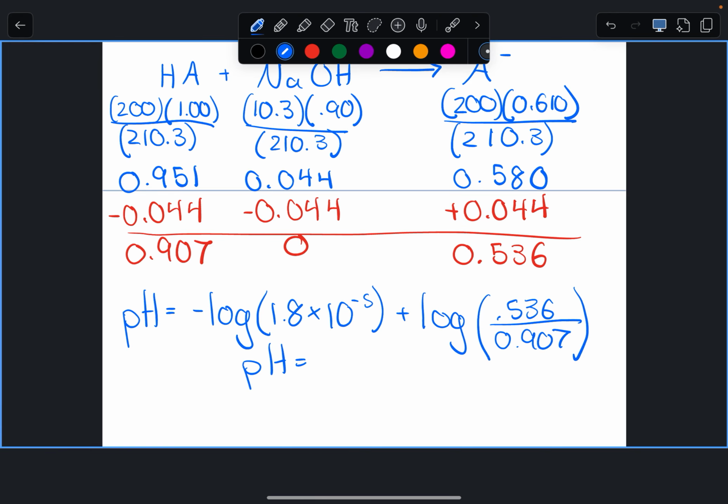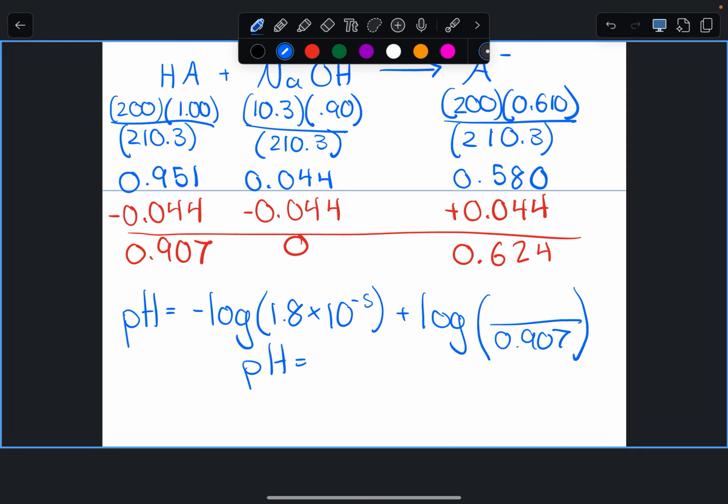Hang on, I did something wrong here. Oh, I subtracted. Okay. I feel like that exact same thing happened last class, where I subtracted instead of added. Maybe I'm making it up.